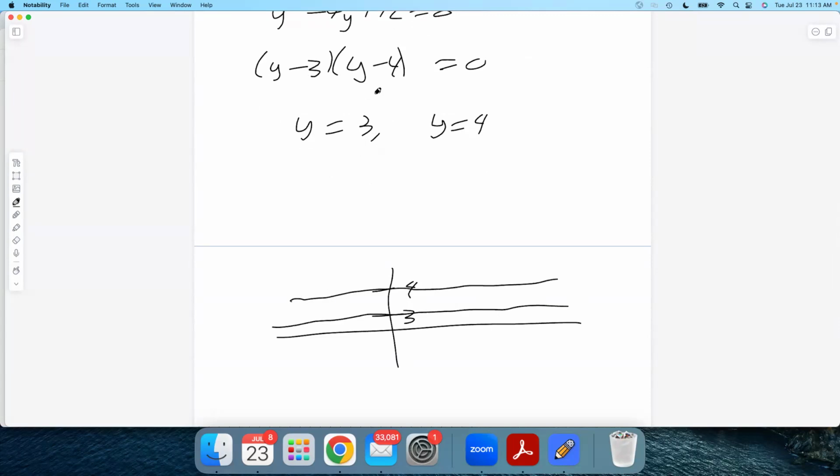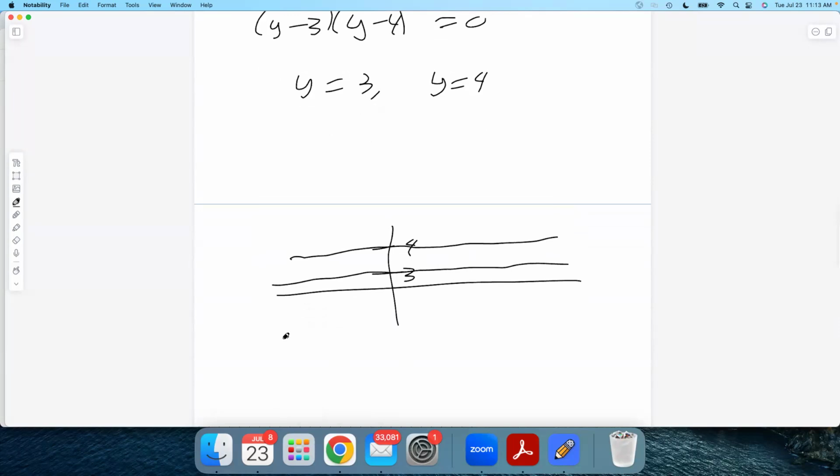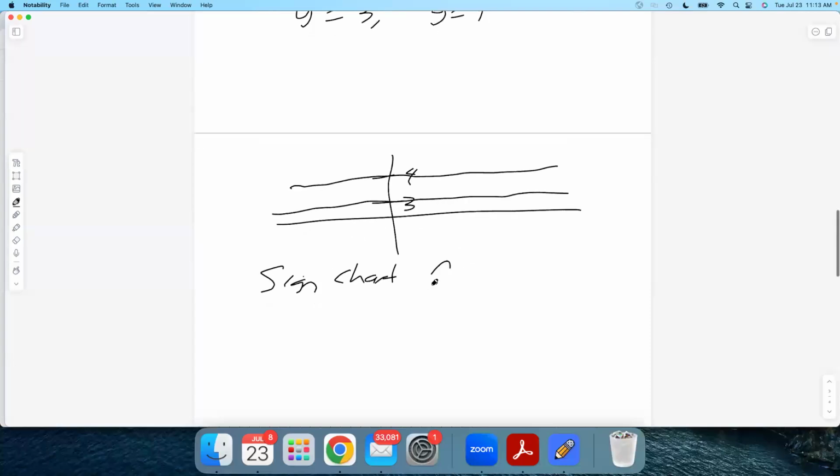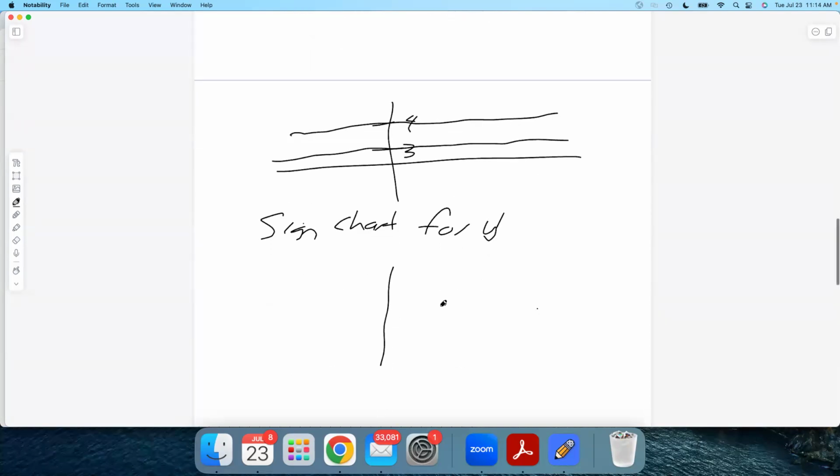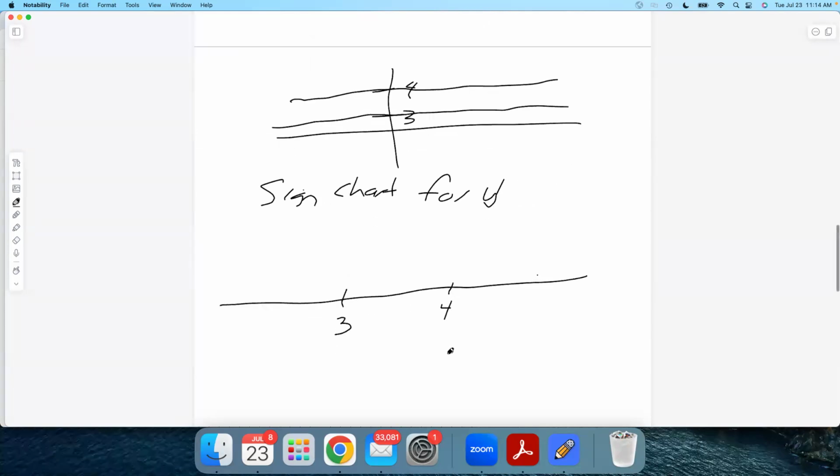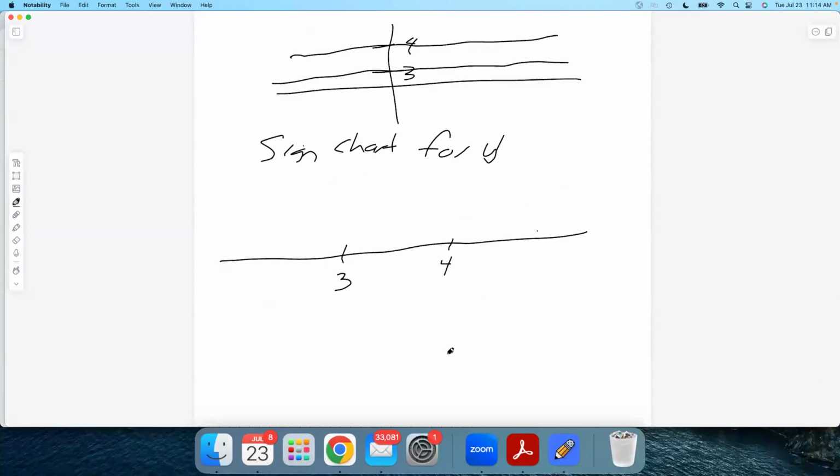And now we want to make a sign chart for y prime. Let's draw this vertically. Now, that would confuse me writing it out like that. I'm not going to draw it vertically, like we always write our sign charts horizontally. No, really, I could just do plug and chug.